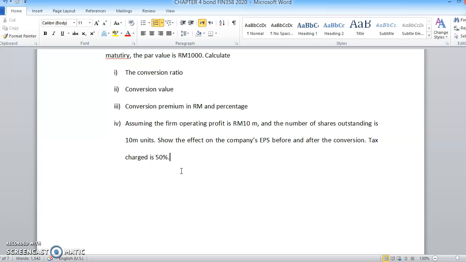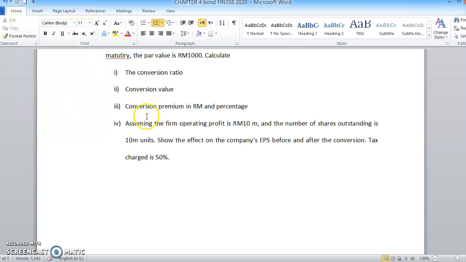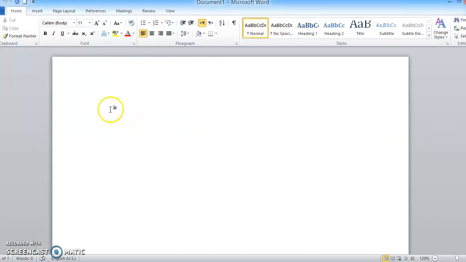Okay, I'll try to show you the effect on EPS or earnings per share. So normally in the final exam, yes, you have to show this calculation. We have to create a simple table first, right?